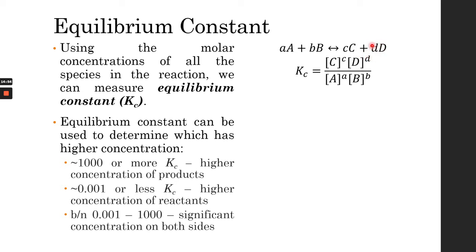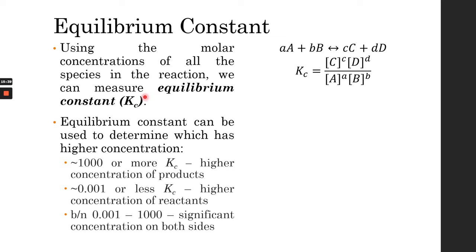Then divide all that by the molar concentration of your reactants raised to the power of their coefficients. In this case, we have the molar concentration of C raised to small letter c because that is its coefficient, multiplied by the molar concentration of D raised to small letter d, divided by the molar concentration of A raised to small letter a, multiplied by the molar concentration of B raised to small letter b. Using this formula, you can measure the equilibrium constant.